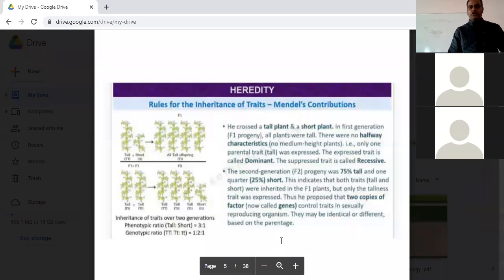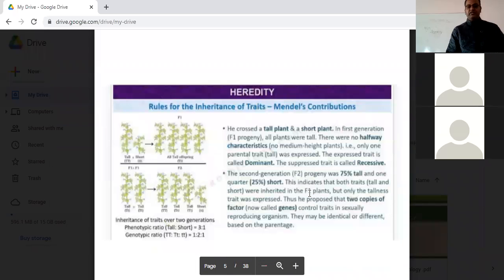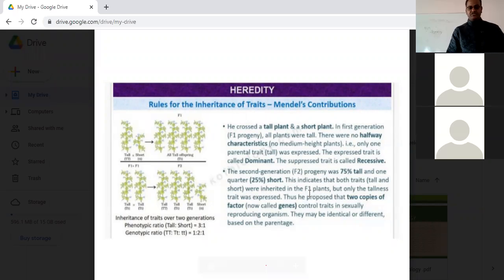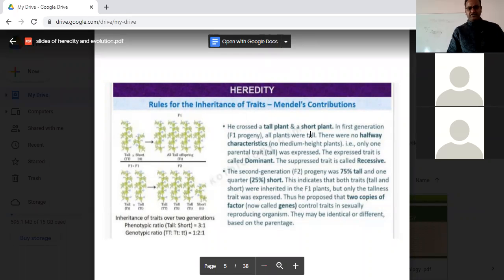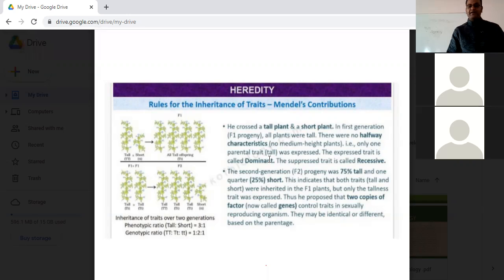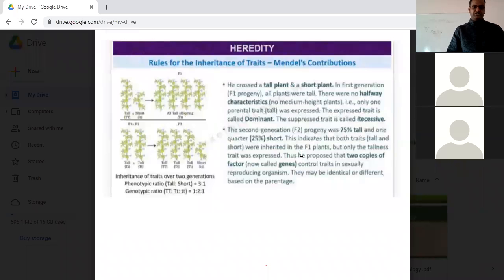In the first generation, all plants were tall. There was no halfway characteristic, that means none of them were medium height plants. Only one parental trait, tall, was expressed, and the expressed trait is called the dominant, and the suppressed trait is the recessive. Now let us see what happens in the F2 generation.